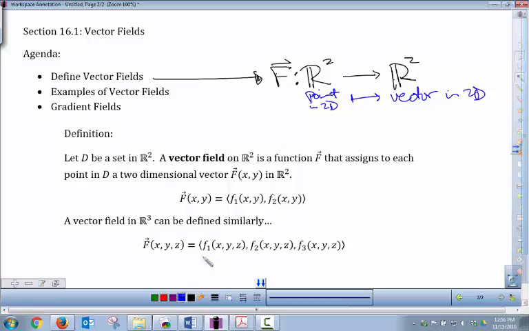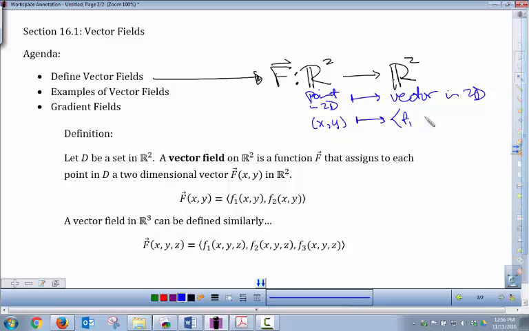So in general, what we have here is an xy point. And then the vector that you would come out with is going to be a vector that's dependent on the xy point. And so the vector has 2 components, since we're talking about something in R2.